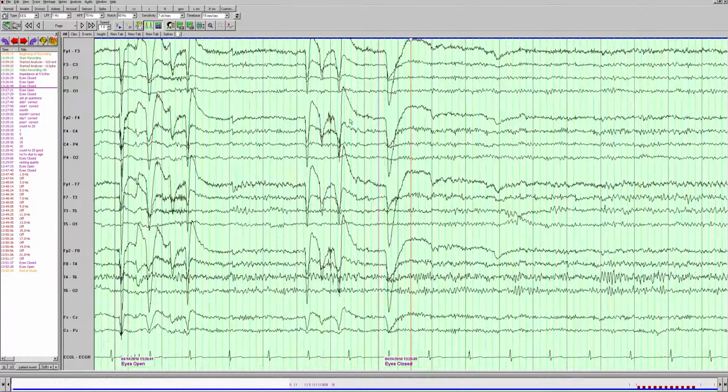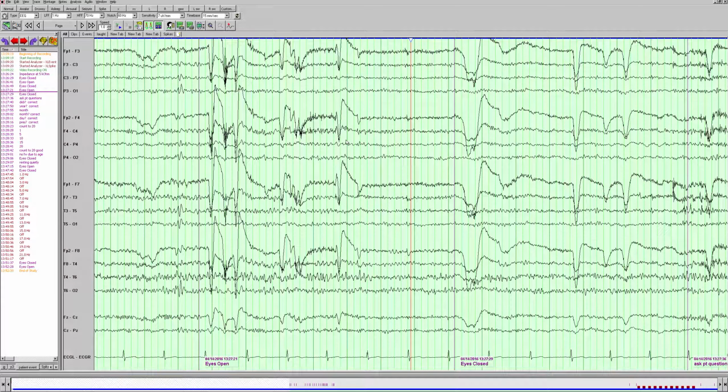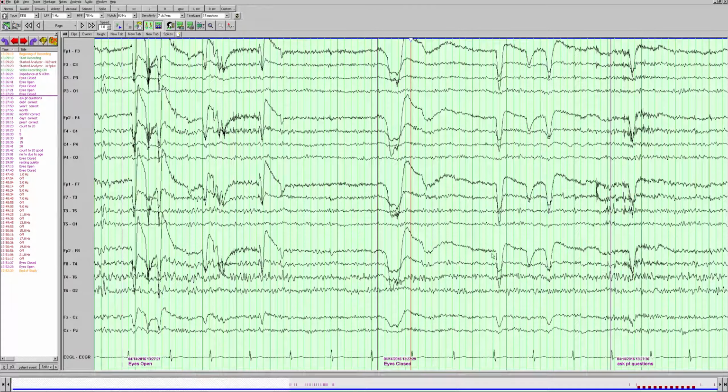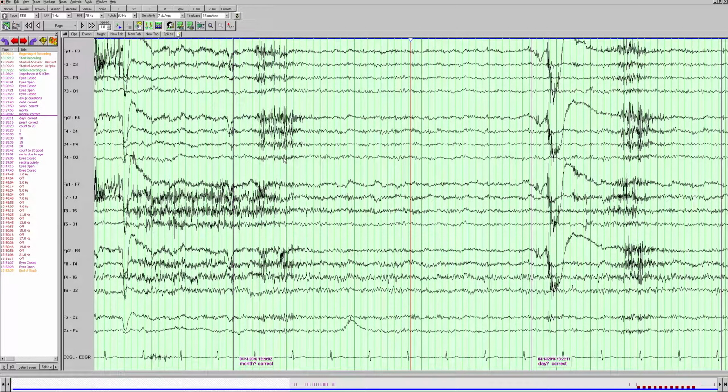So when we first look, we want to take a look at the posterior dominant rhythm and count the frequency. Now on this page we can see that the patient's eyes are blinking a lot here, and the text says the patient's eyes are closed here, but it sure looks like there's a lot of blink, so we're going to have to look to see if we can find a good place to count the posterior dominant rhythm.